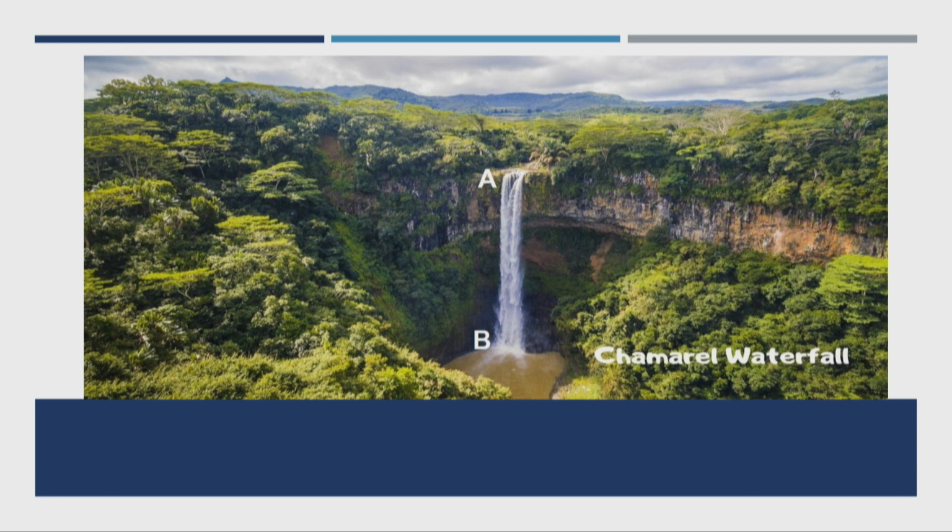The obvious reason is the water has more potential energy at A and less potential energy at B. In other words, there is a difference in potential energy between points A and B. We may conclude that water falls from a point of higher potential energy to a point of lower potential energy, or water falls when there is a gravitational potential difference.